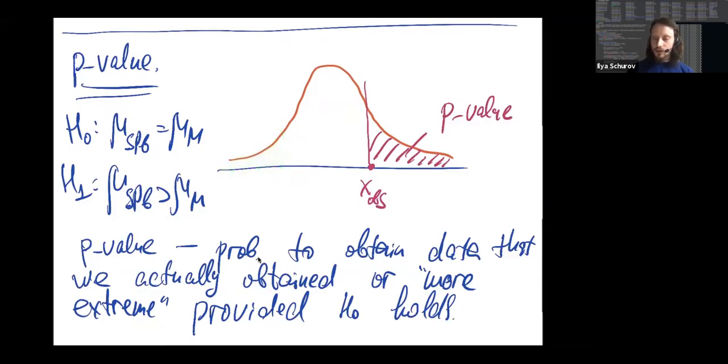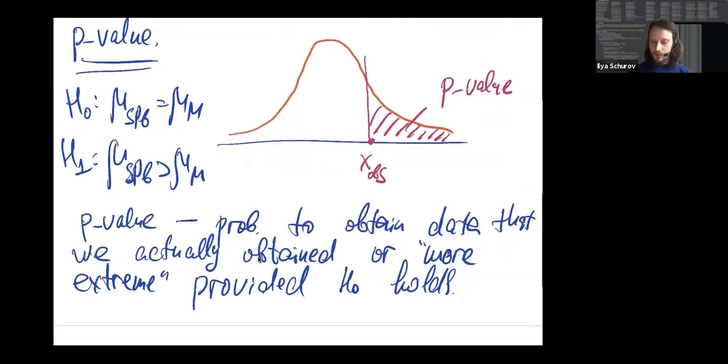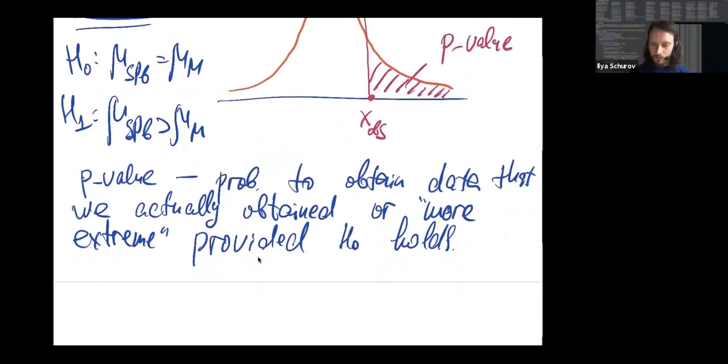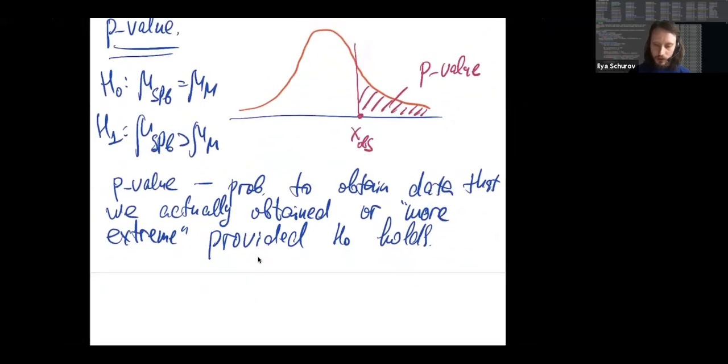For symmetric alternative, it is a good question what happens in symmetric alternative. And your decision rule is the following. If p-value is less than alpha, then you reject null hypothesis.